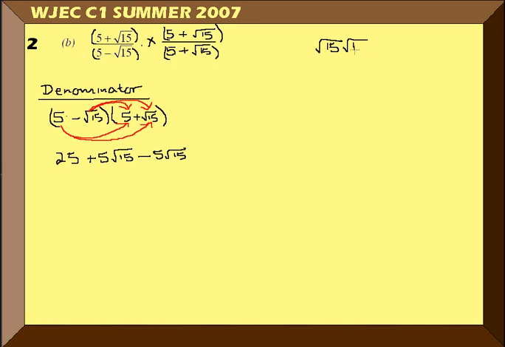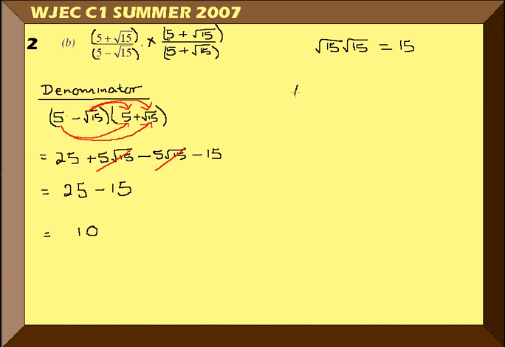When you multiply root 15 by root 15, you're going to get 15. So we've got a minus 15. Now every time this is going to happen, the middle 2 terms will be equal and opposite, and so will cancel out, leaving us with 25 minus 15. The denominator is going to be 10.